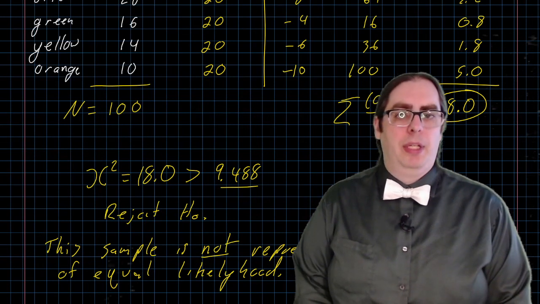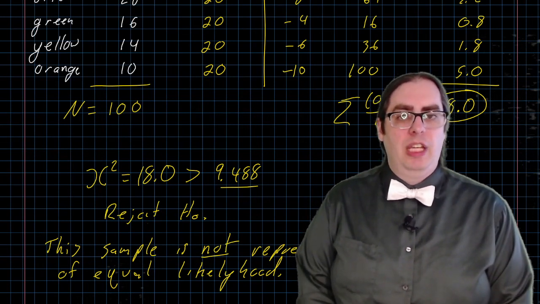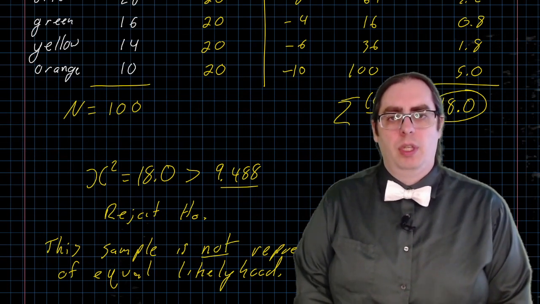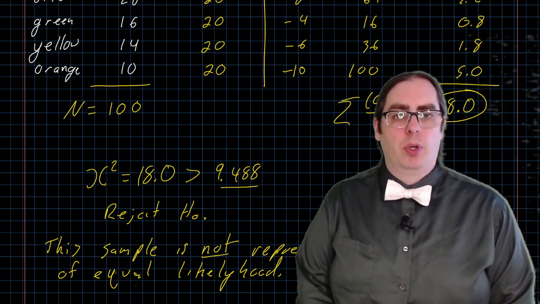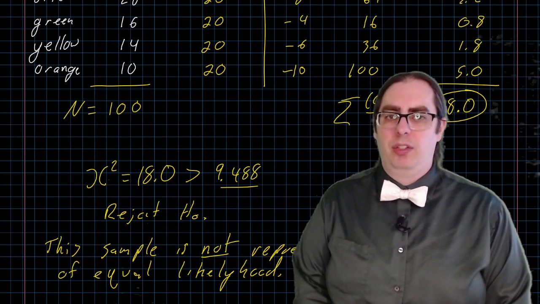Before I wrap up here, for discussion, we talked previously about statistical tests on proportions. And the idea of working with a proportion and the idea of working with a categorical frequency table are kind of related to each other.